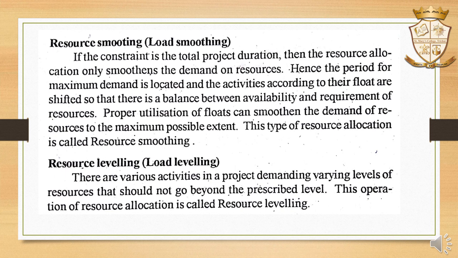This type of resource allocation is called resource smoothing. Then resource leveling: the activities in a project demand various levels of resources that should not go beyond the prescribed level. This operation of resource allocation is called resource leveling.